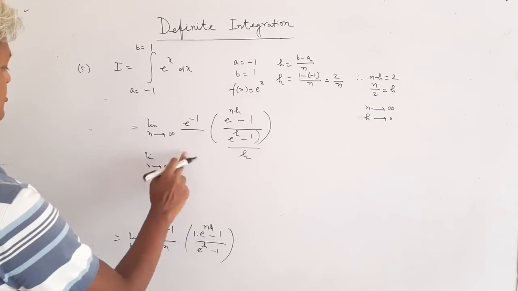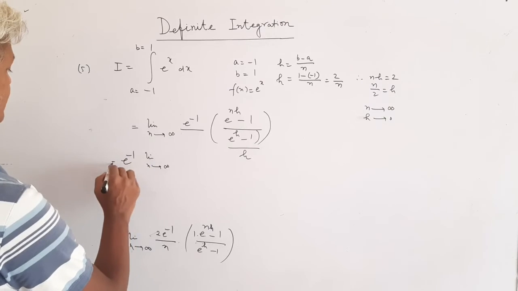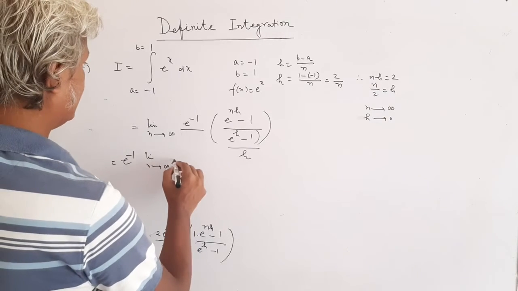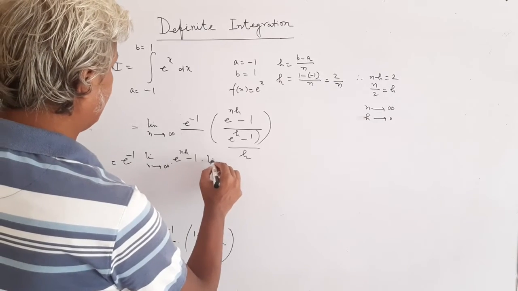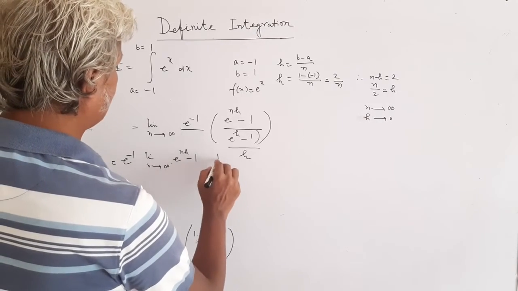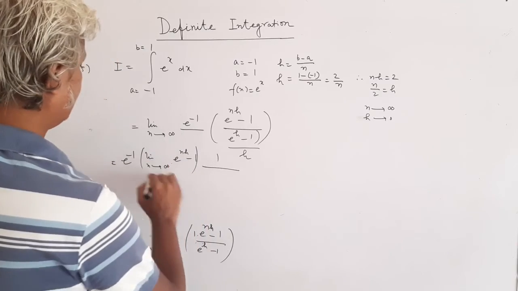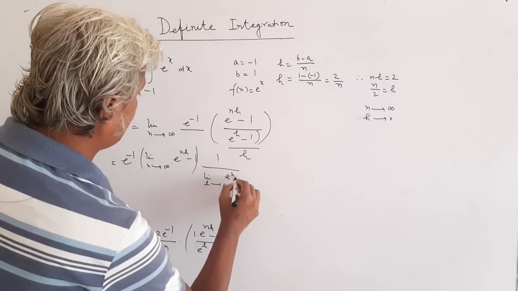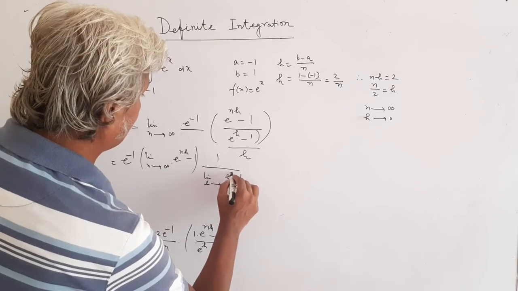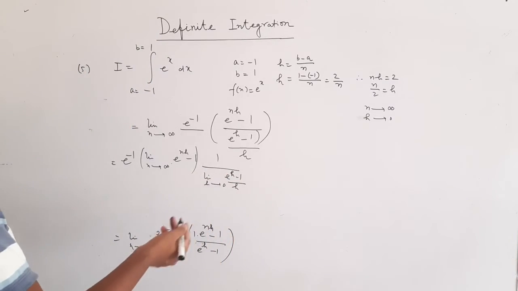Now this becomes limit n tends to infinity e to the power minus 1. This is constant, so you can write here e to the power minus 1. And this one is e to the power nh minus 1 into 1 upon limit h tends to 0 of (e to the power h minus 1) upon h. This becomes 1. This is the formula we all know.